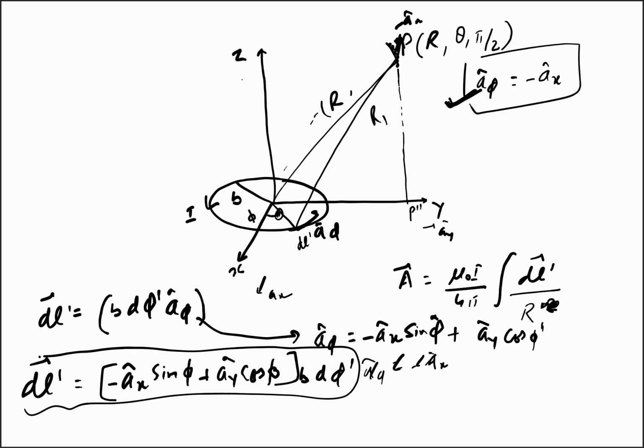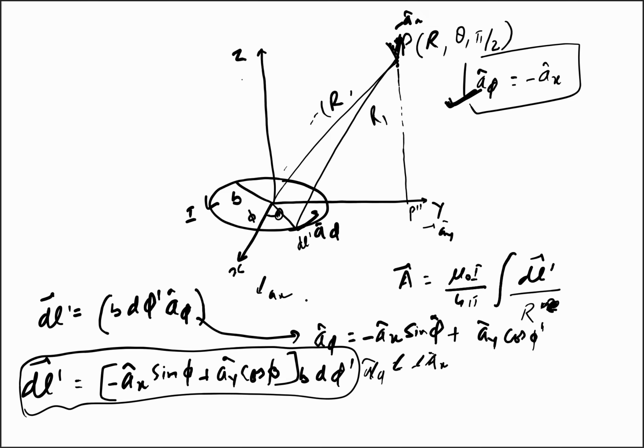Now why we needed to convert this into x and y? Because you know these ax and ay are not going to change. Since you can see that a phi was going to change at both points, so it would be very difficult to find the integral. So to ease our calculation, we have converted into the Cartesian coordinate system.